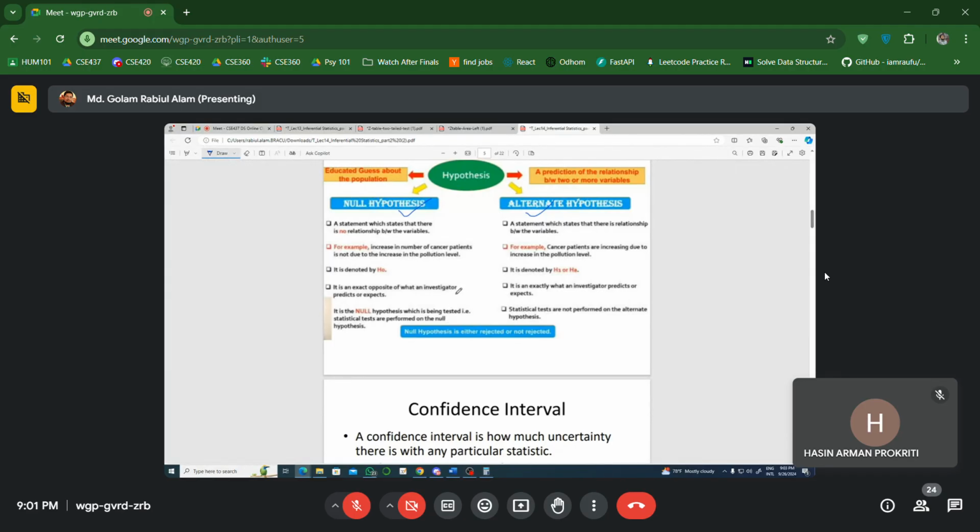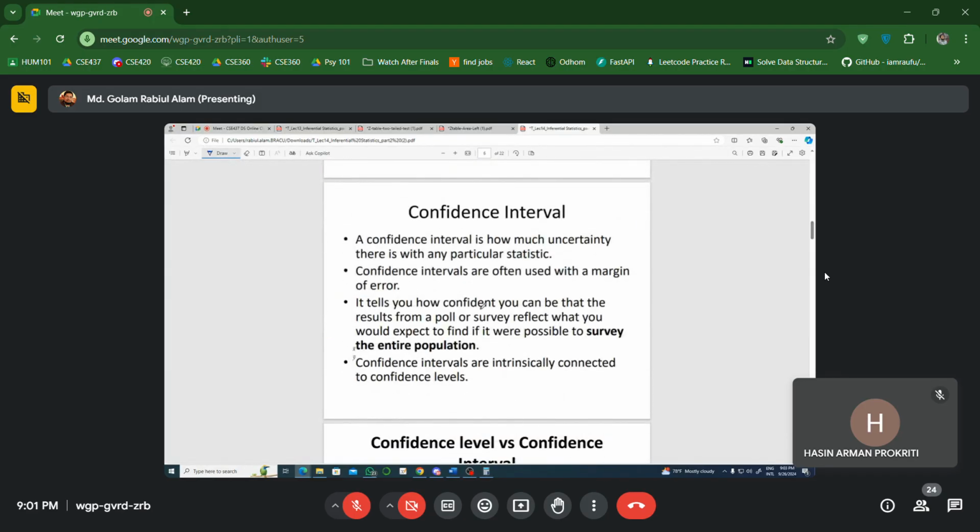Before going to discuss the chi-square test, at first we need to know a little bit more about some of the terminologies in statistical testing. One is called the confidence interval. The confidence interval is how much uncertainty there is with any particular statistic.